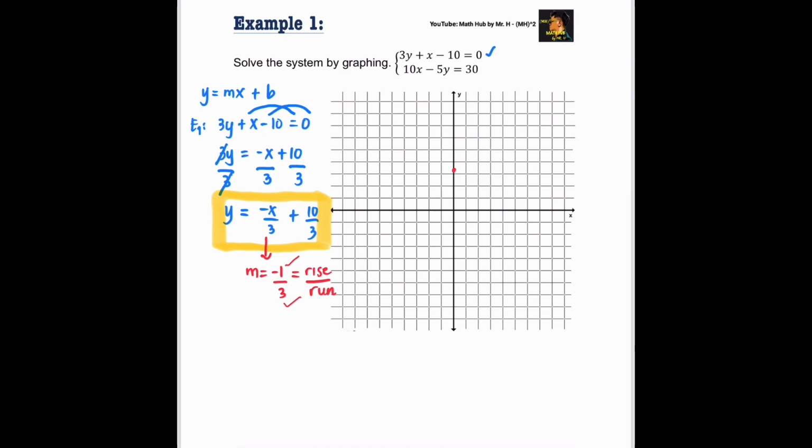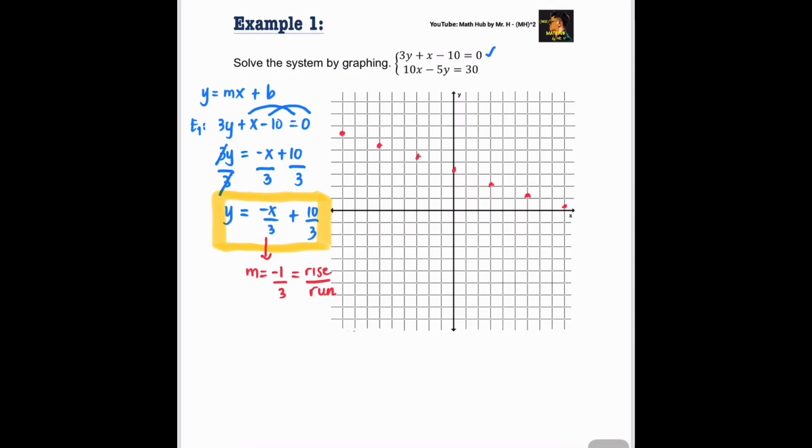Alright? So we count the units from the y-intercept, which is the first point that we plotted. So 1 unit down, and then 3 units to the right. So this is the next point. And if you want to know the other points, just keep going, continue the trend. You can also do it on the opposite side.